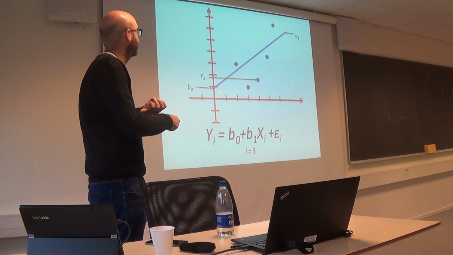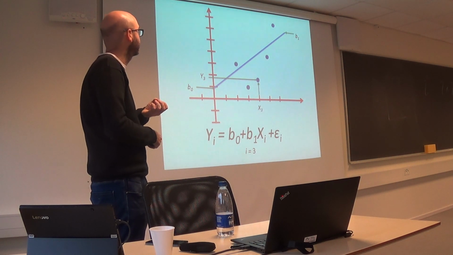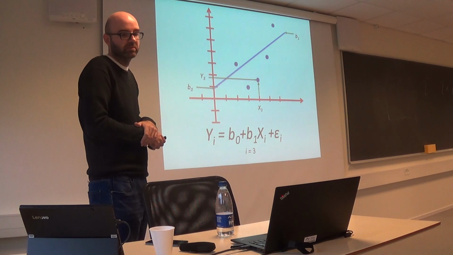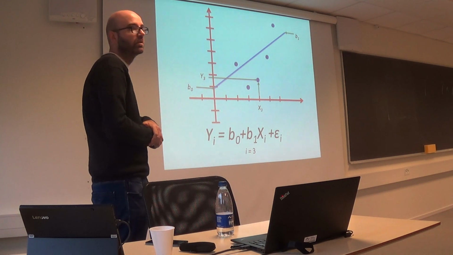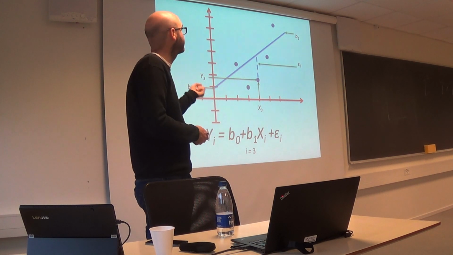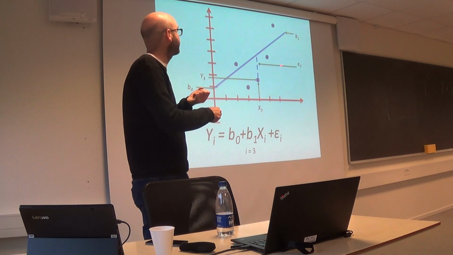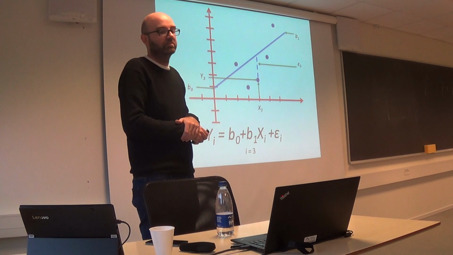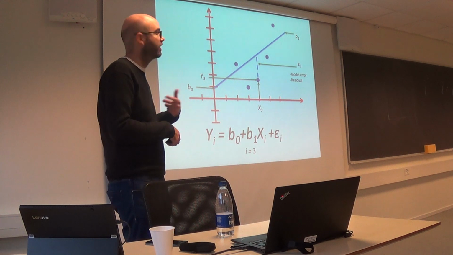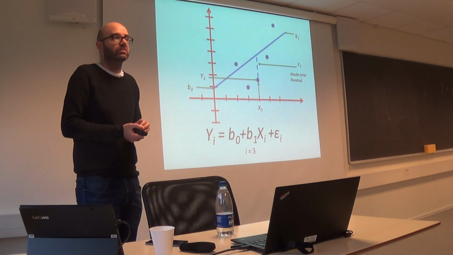We know what B1 is, that's the slope of the line. We know what x3 is. That's just the data value, the value for the data point. What's epsilon 3 in this situation? It's just here. The distance from our dot to our line. This is our model error, our residual. Is that okay?